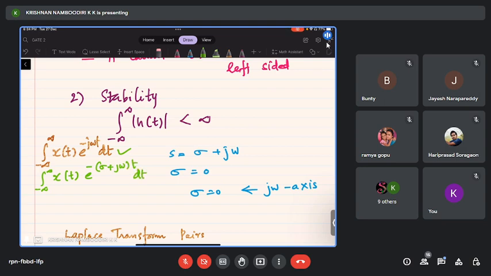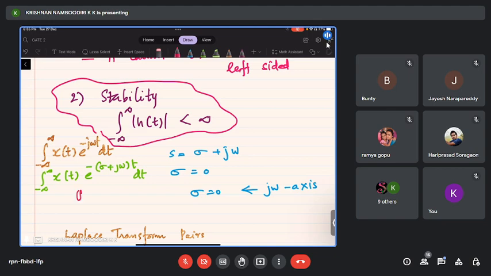If I substitute sigma equal to 0, I precisely get back the Fourier transform expression. In order to have the Fourier transform existing, this stability condition must be valid. Or in other words, if a system is stable, the ROC of the Laplace transform must contain the sigma equal to 0 axis, or the j omega axis. Does everybody agree with this?